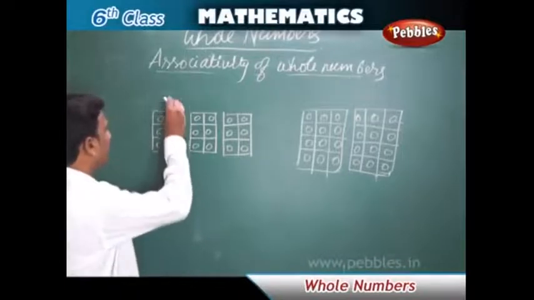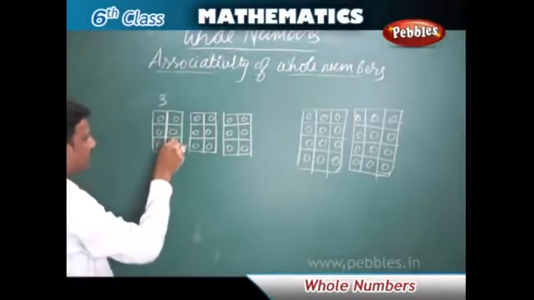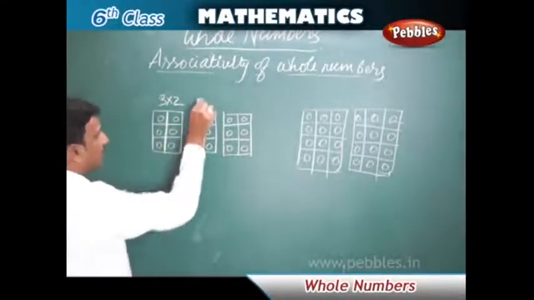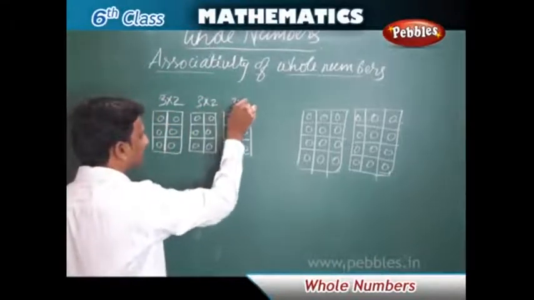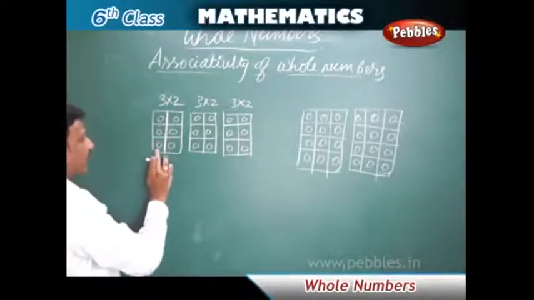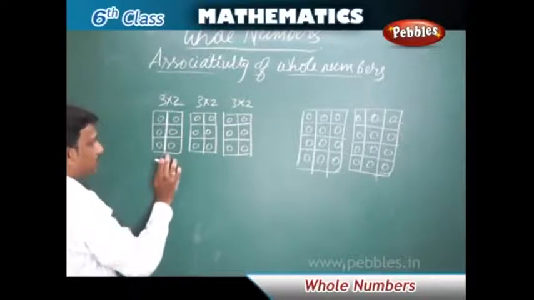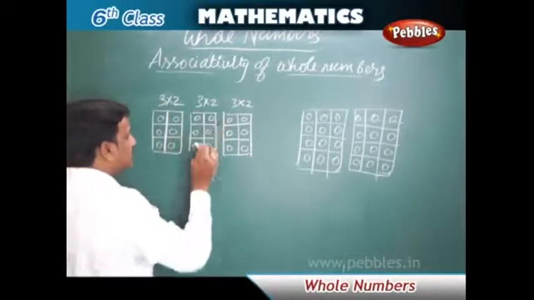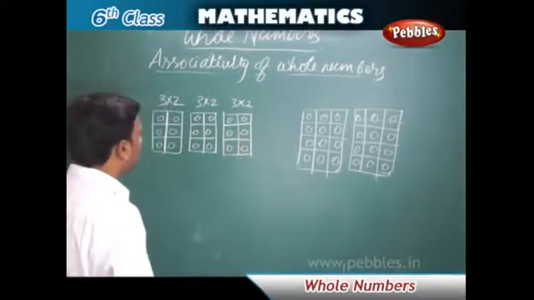So here we have 3 dots in 6 cells. So 3 into 2 columns, and the pattern is like that. In every box we have 6 coins, 3 in a column. So 3 coins into 2 columns. So this is the pattern.